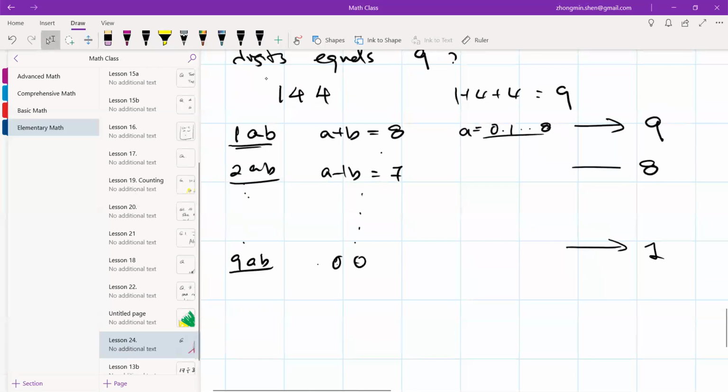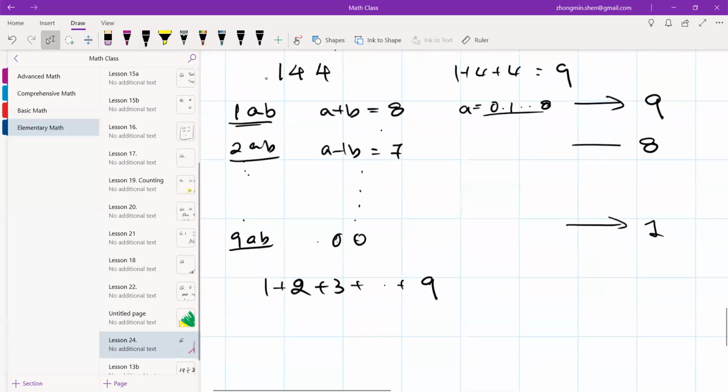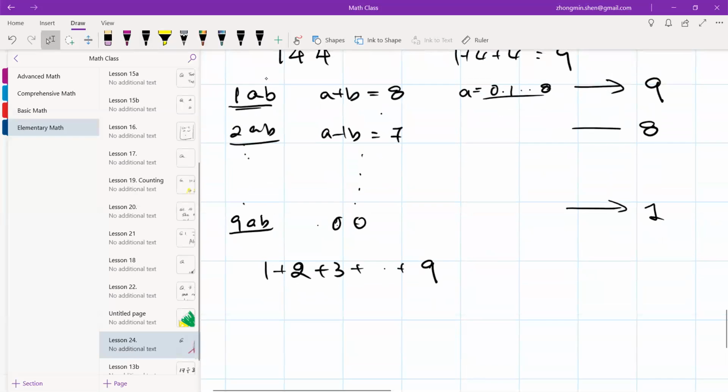So you figure out the number in each such group. Then you add them together. It's 1 plus 2 plus 3 all the way to 9. And how do you add them together? If you don't know the formula, you can try this: 9 and 8 and so on, and the last one is 1.